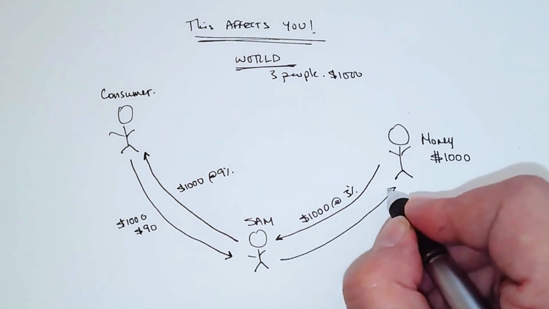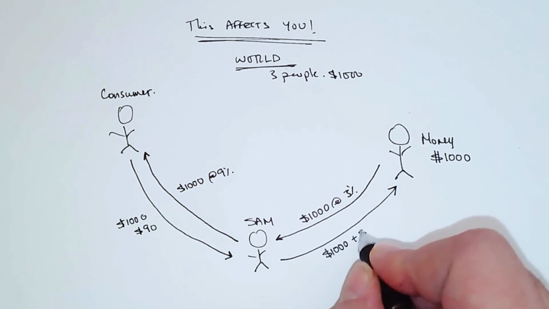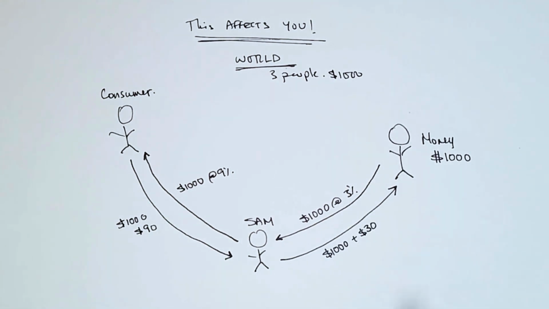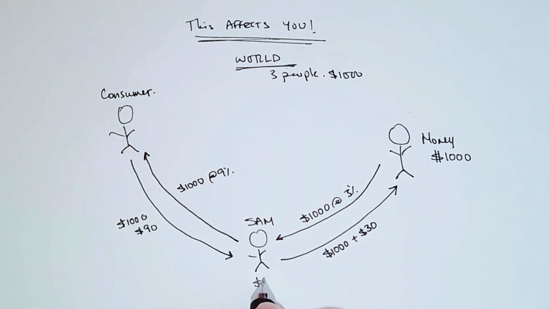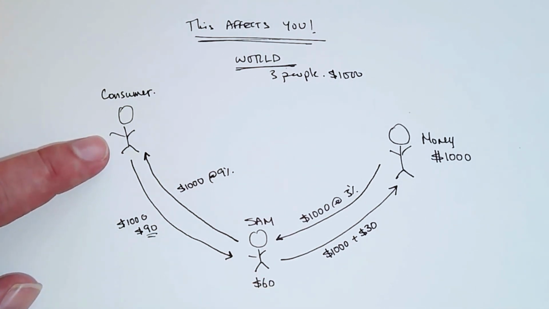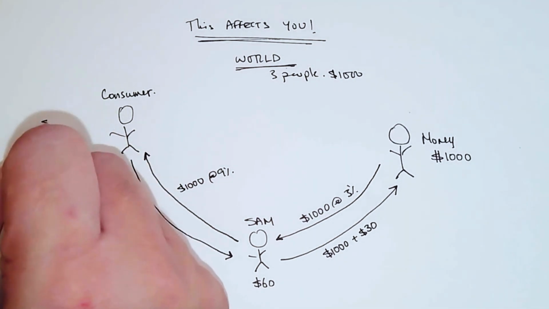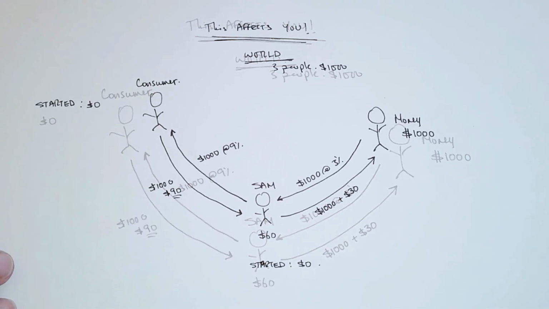Sam is going to pay this person the $1,000 plus the $30 in interest. So all he's doing is taking the 90 and passing 30 out of that, and he's keeping 60. Now, obviously, consumer here owes this money because he doesn't have it. But let's just see. When he first started, he started with $0, and Sam started with $0.